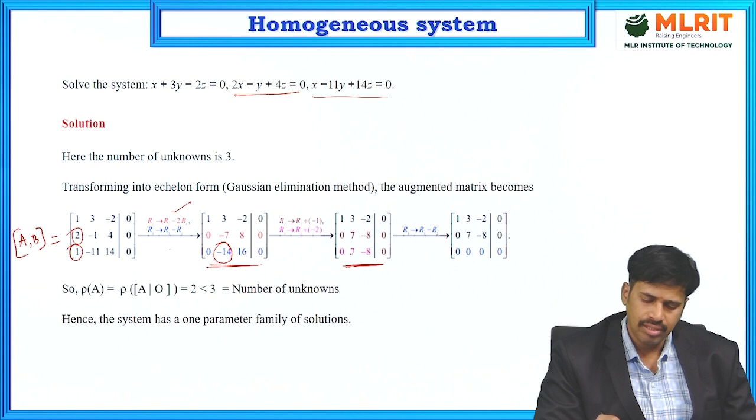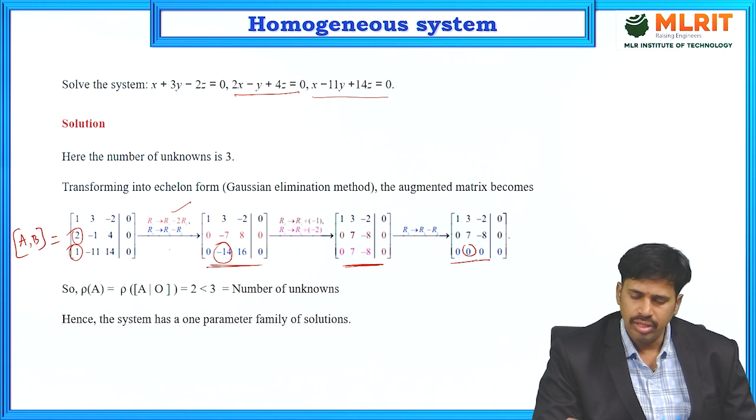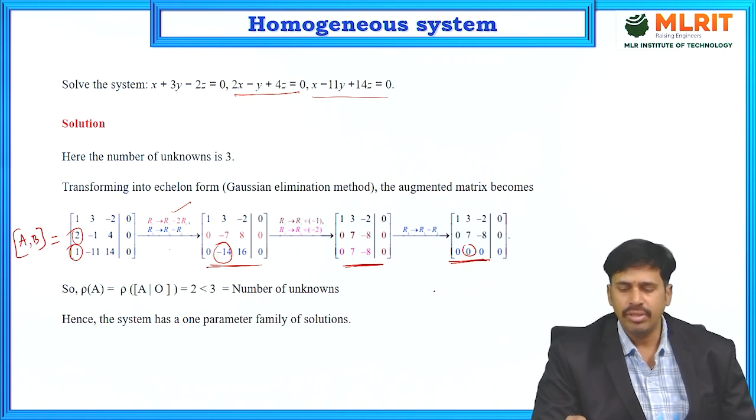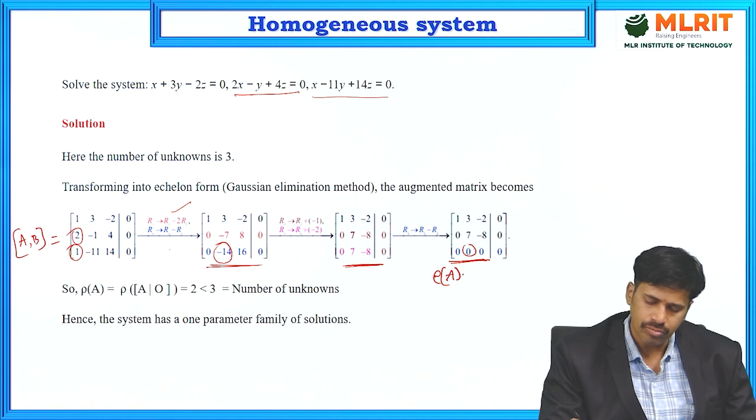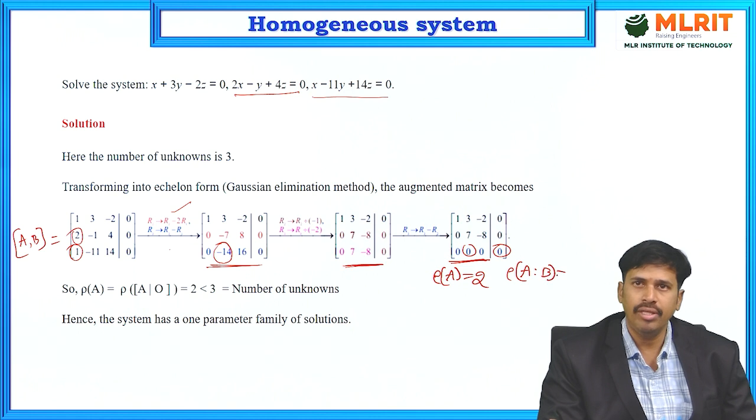At last, I have to get this element 0, so we got this element 0. Now, all the third row elements are 0. So rank of A is equal to 2, whereas this element is also 0. So we say that rank of the augmented matrix is also 2.